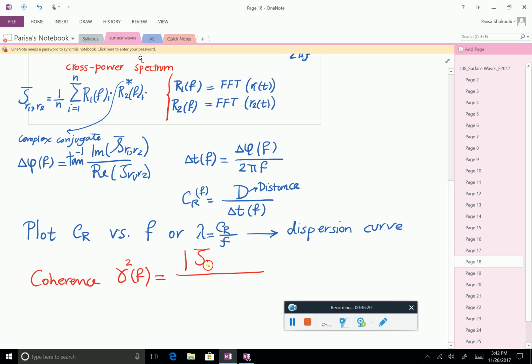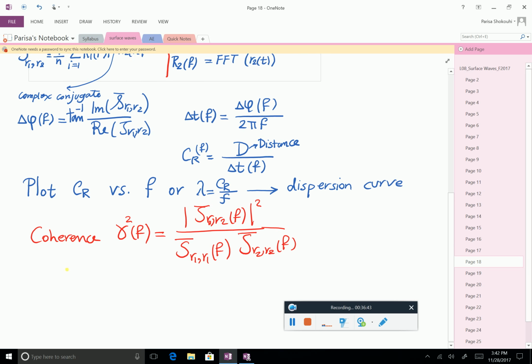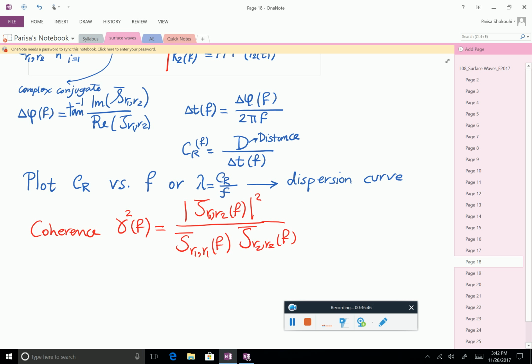You get the cross power spectrum. This is R1. We square it, and then you divide it by the so-called auto power spectrum. This is in the frequency domain equivalent to the cross-correlation coefficient in the time domain.